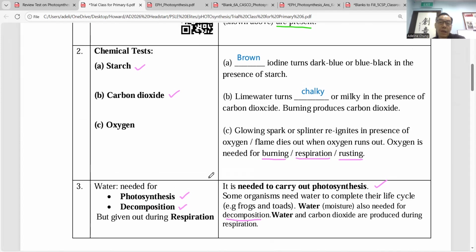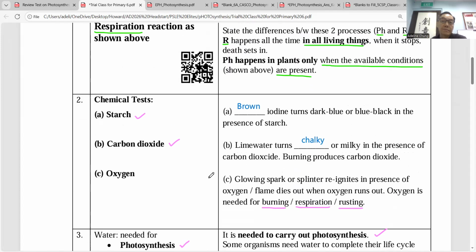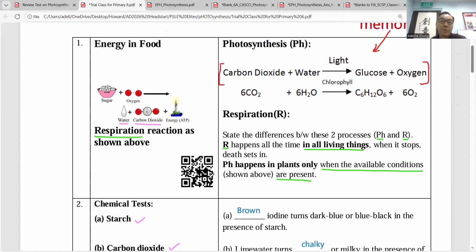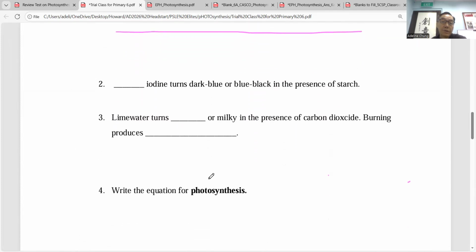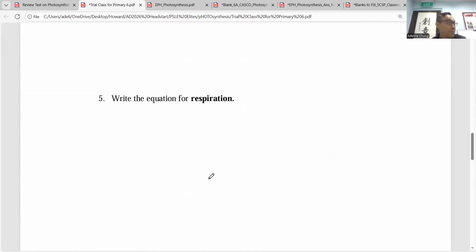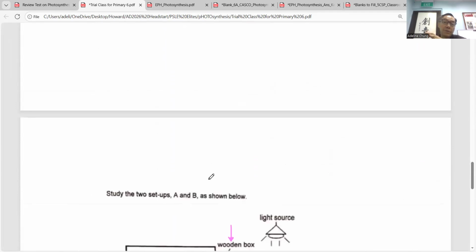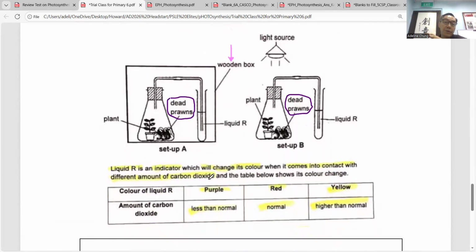Do you know what type of gas is being released here? Let me see whether the notes show it here. It didn't show it here. So during decomposition, carbon dioxide is released and oxygen is used up.